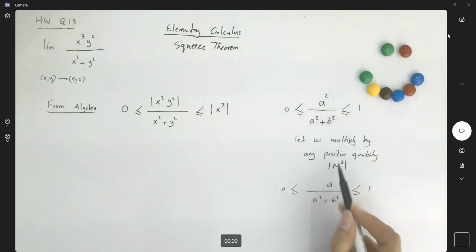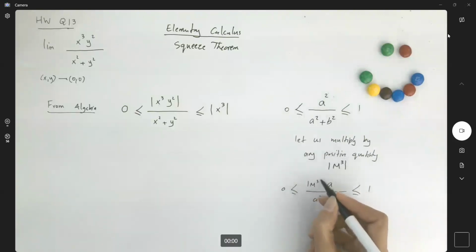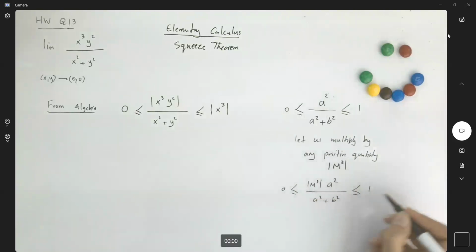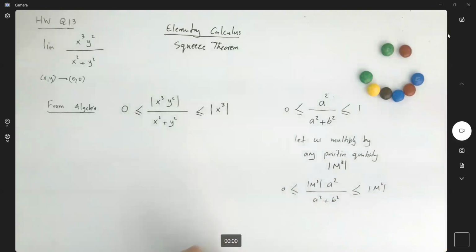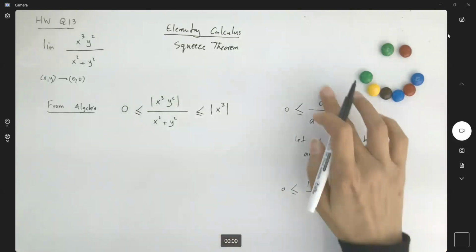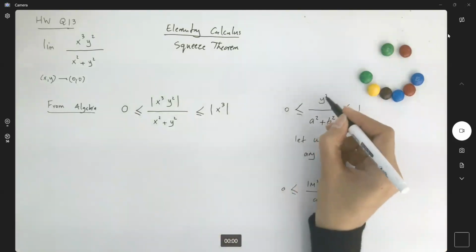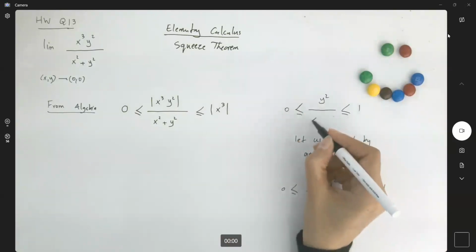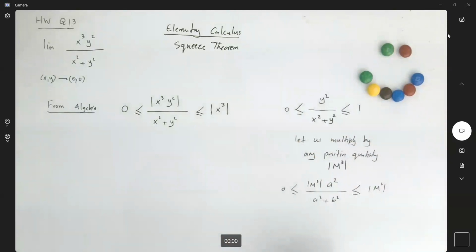It guarantees that this is always positive. So absolute value of m cubed, and it's going to be less than or equal to the absolute value of m cubed. We're doing the same thing here. What do we have? We have y squared divided by x squared plus y squared.